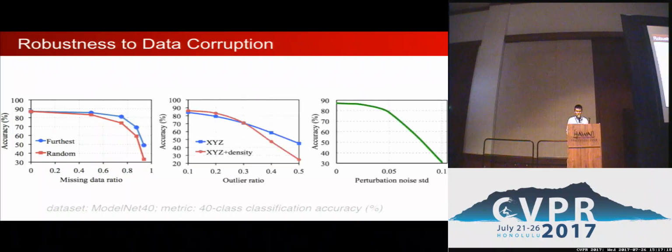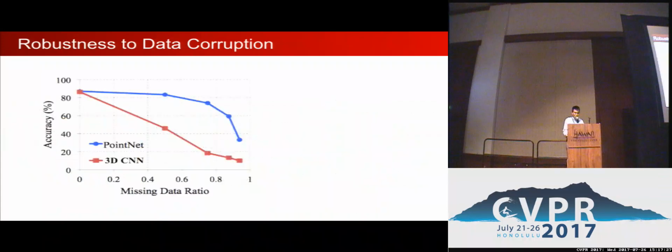And it's also very robust to outlier points, and to perturbations of point positions. So we also compared with 3D CNN. In this case, both PointNet and 3D CNN are trained on complete 3D shapes. For 3D CNN, of course, you train on complete voxels, and for PointNet, you train on complete point clouds sampled from surfaces of 3D meshes.